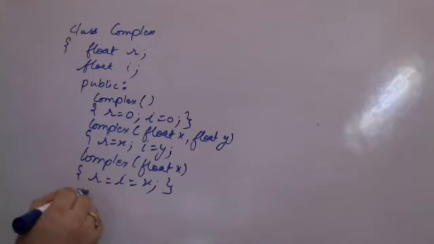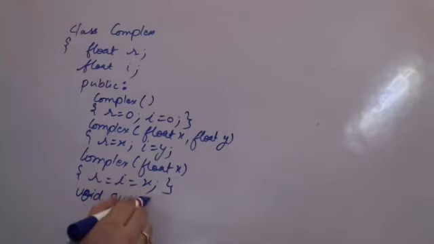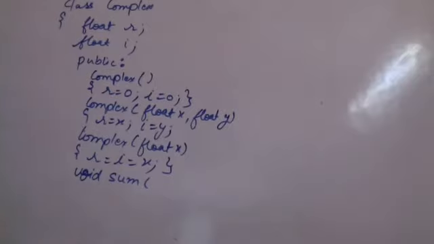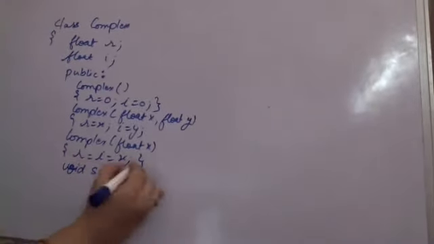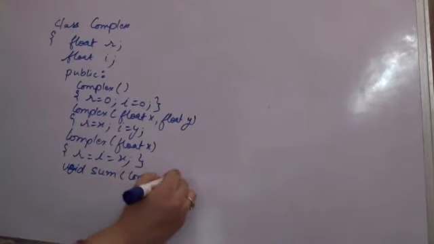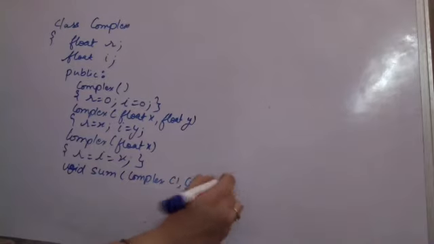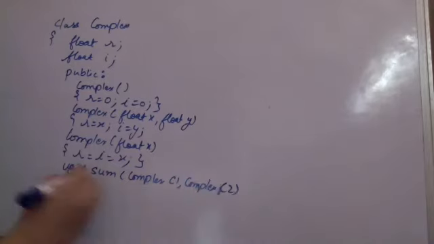I am having a void sum, which reads two objects as parameters. So here I am having complex C1, complex C2. I am taking two objects, both of which I want to sum.